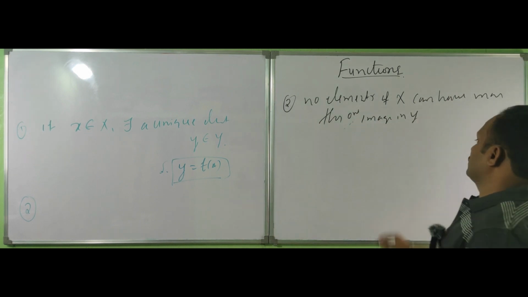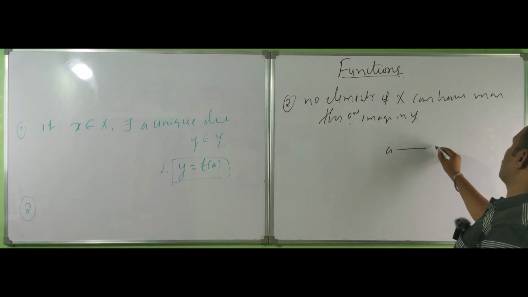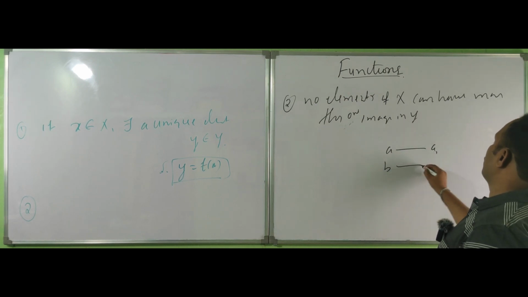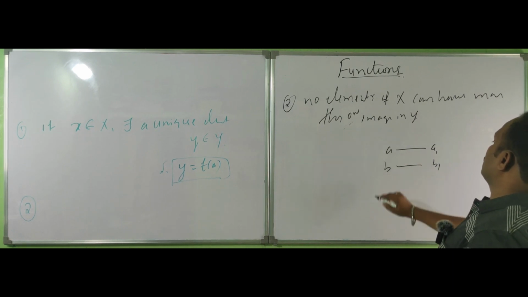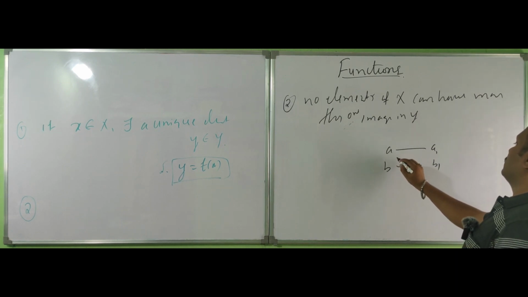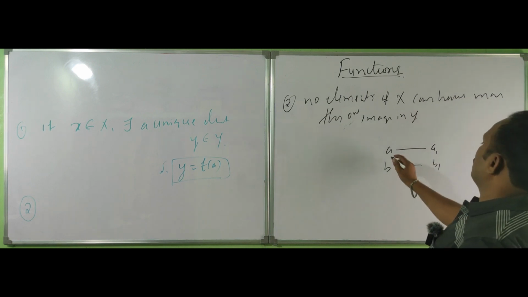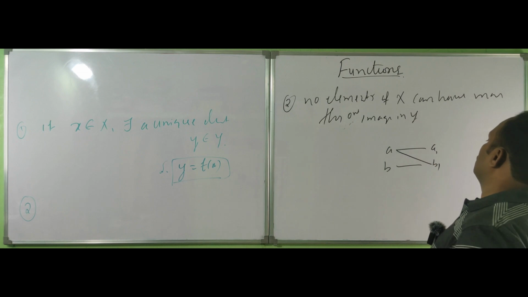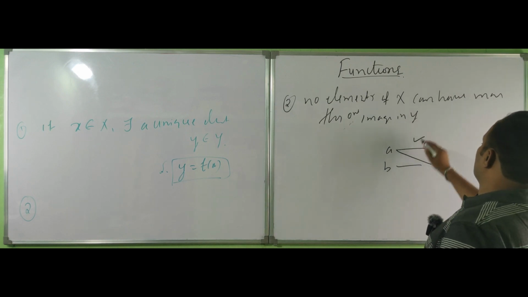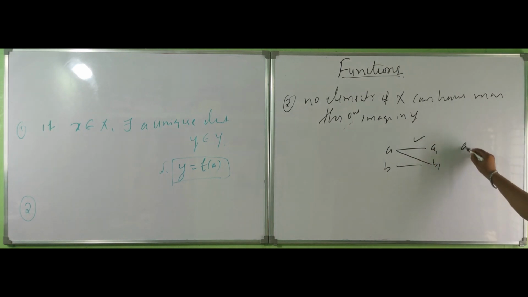This means A should have A1, B should have B1, and the other case is not possible. The first component should not have two images. A and B can have the same image.